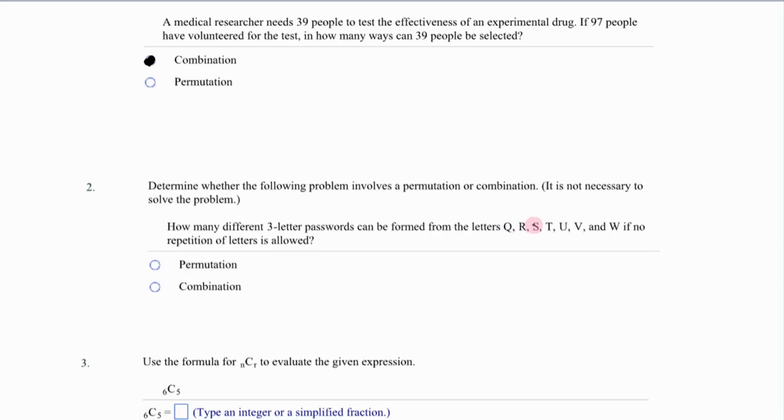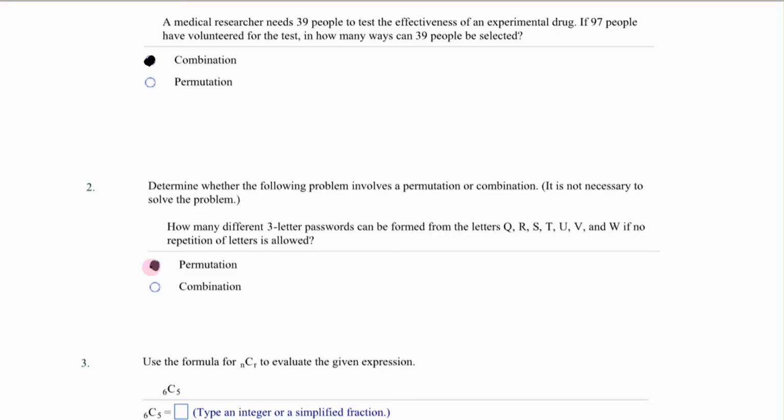Is that a different password than SRQ? Because they were the same 3. Yes, those are different passwords. That means that the order that they're selected to make the 3-letter words matters. So that is a permutation. If the order affects it, then it's a permutation.